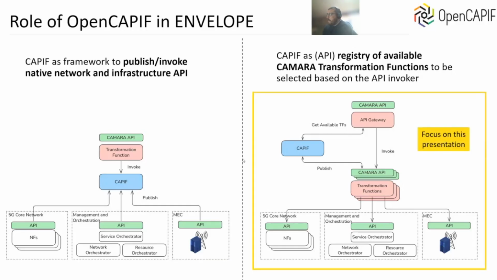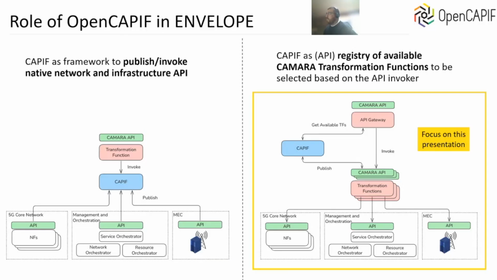But here we are presenting another framework, another architecture where CAPIF is involved. Again, we have low-level APIs like 5G core network APIs and management and orchestration. And here the idea is to implement several implementations of the CAMARA APIs, and then publish these APIs on CAPIF.